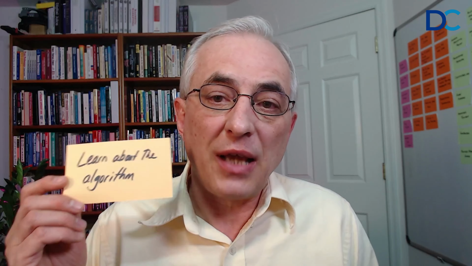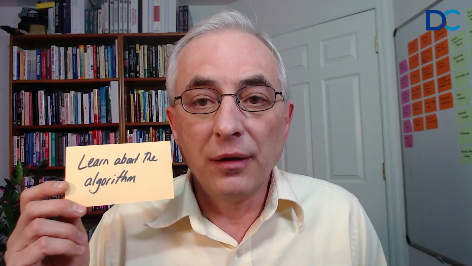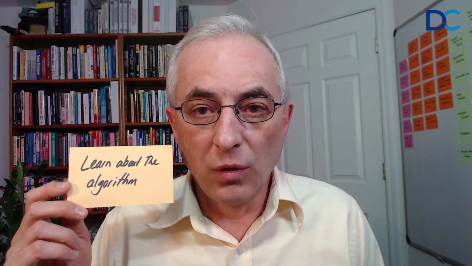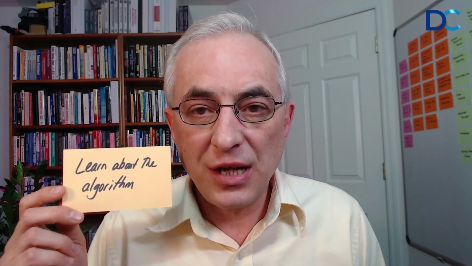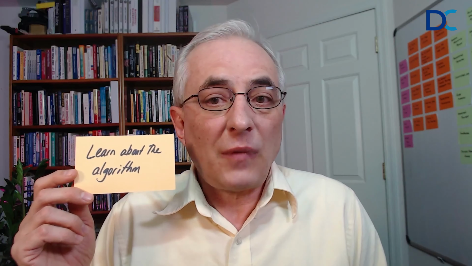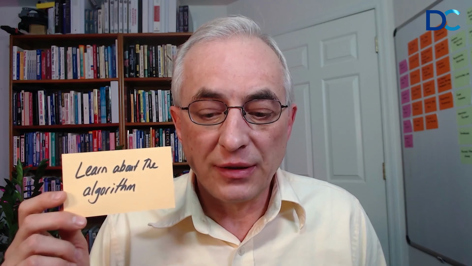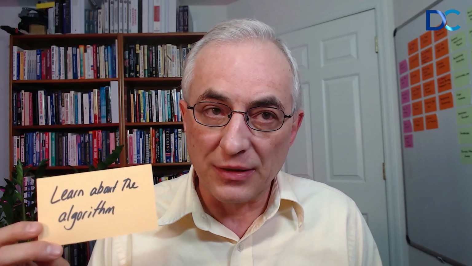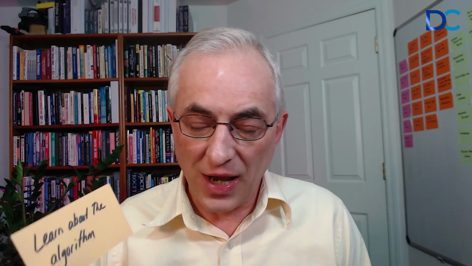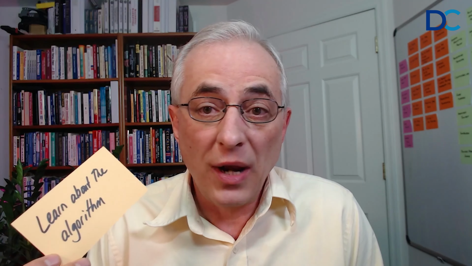So while we're on the subject of the algorithm, you need to learn about the algorithm, how it works, what's required to teach it, what doesn't work, all those kinds of things. And a lot of it is guessing because nobody tells you what the algorithm really does. In fact, I'm convinced that in many cases literally nobody knows what the algorithm actually does. We're getting to the point now where they're allowing algorithms to run free, which means nobody has told the algorithm what to do.